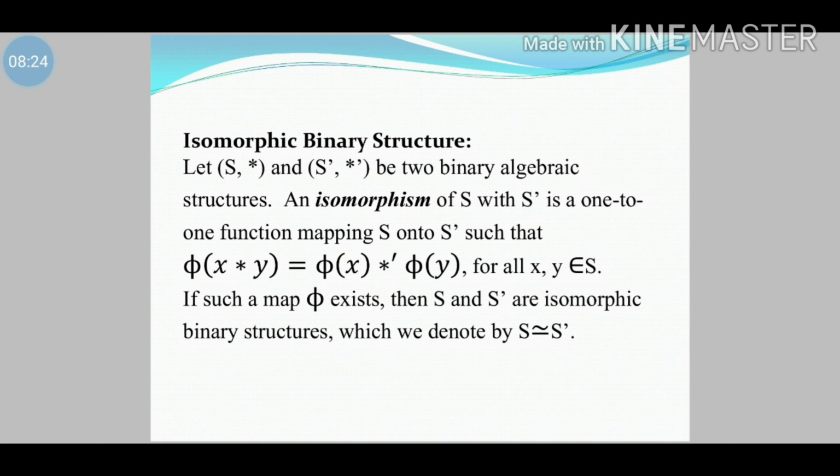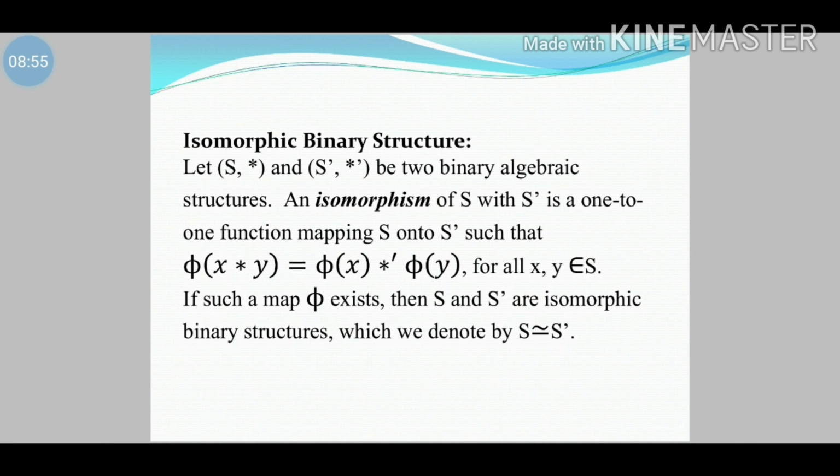An isomorphism of S with S dash is a one-to-one function phi mapping S onto S dash such that phi of X star Y is equal to phi of X star dash phi of Y for all X comma Y belongs to S. If such a map phi exists, then S and S dash are isomorphic binary structures, denoted by the symbol. Here star is a binary operation on S and star dash is the binary operation on S dash.